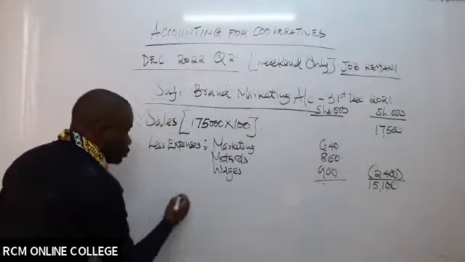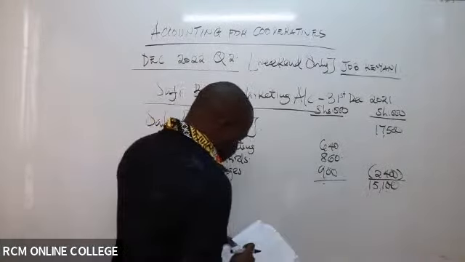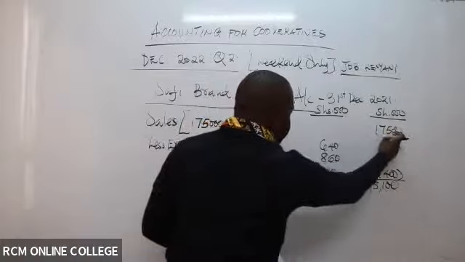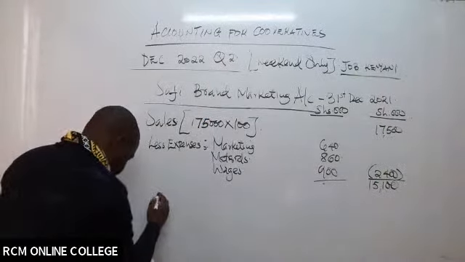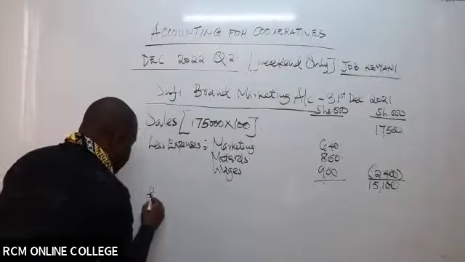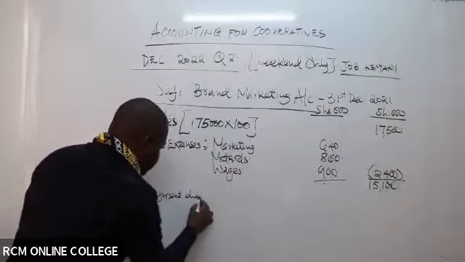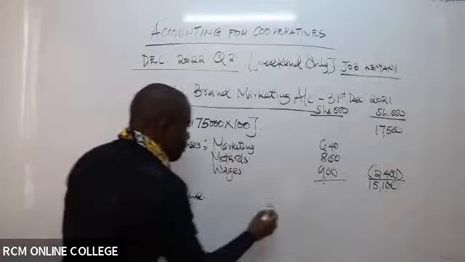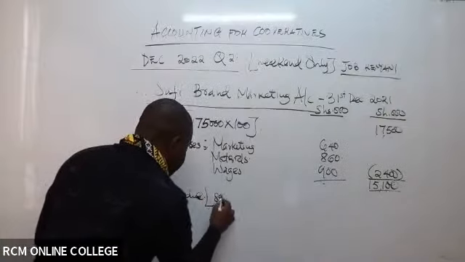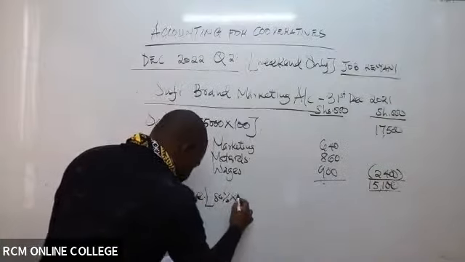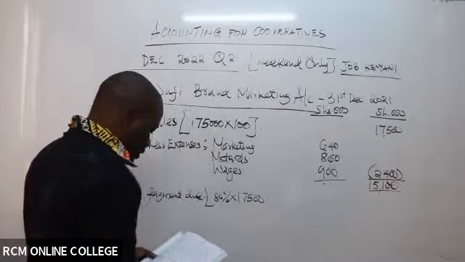So out of these 15,100, out of the sales, 80% will have to be paid out. So we have payment due to members out of the sales, which will be 80% multiplied by 17,500.